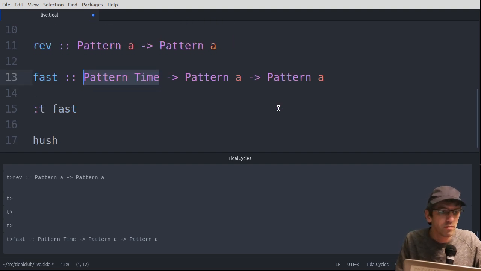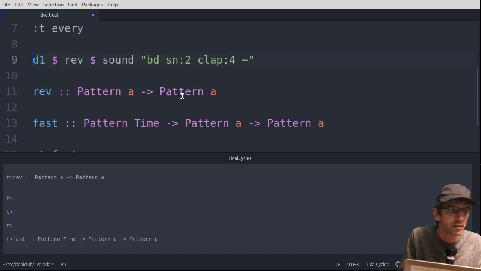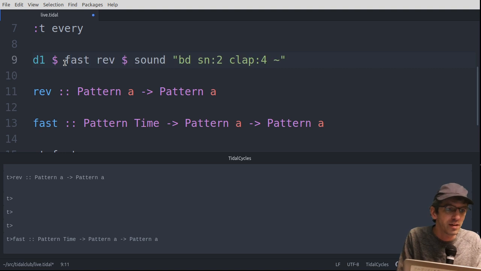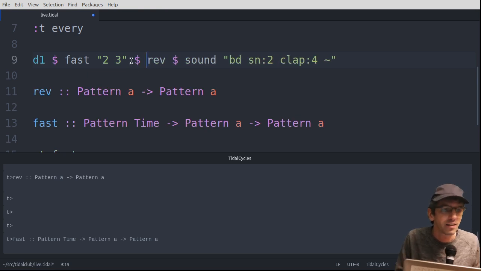So there you go. And that means that rev is taking this as an input and giving a pattern as output. So its input is on the right, and it will output a pattern which is passed to D1. But if we put fast here and the pattern of time, let's say that kind of pattern, then we have the full caboodle.